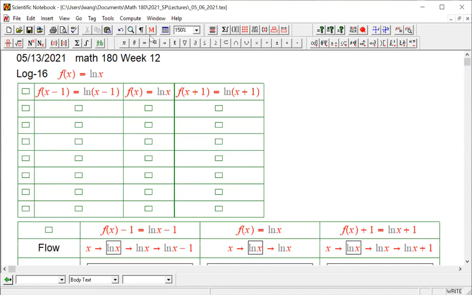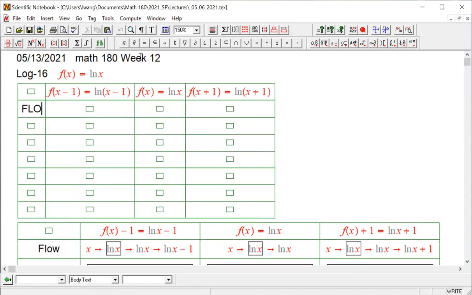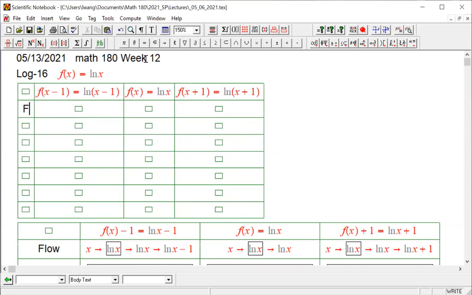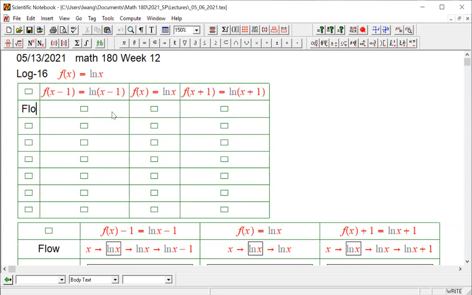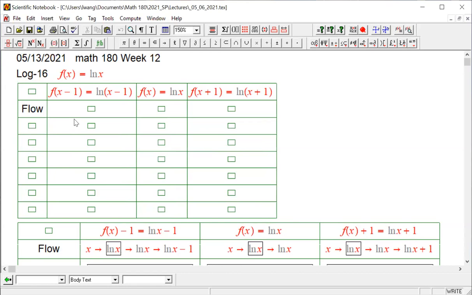And the flow, these are fundamentals. Our flow is constructed based on order of operation. When you study programming, you're going to be learning how to do flow charts.